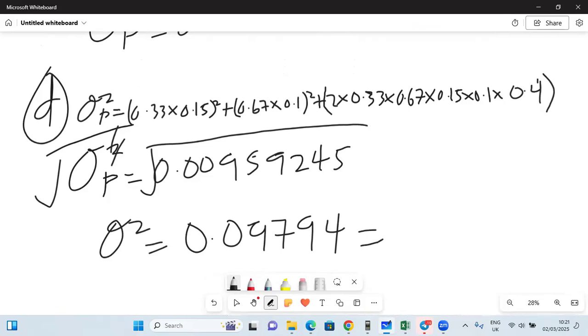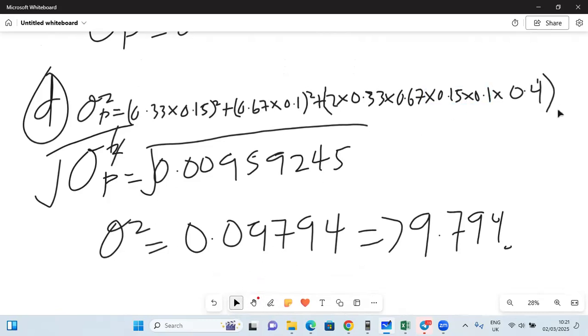0.09794, which is equivalent to 9.7%. Right. So what have we noticed?